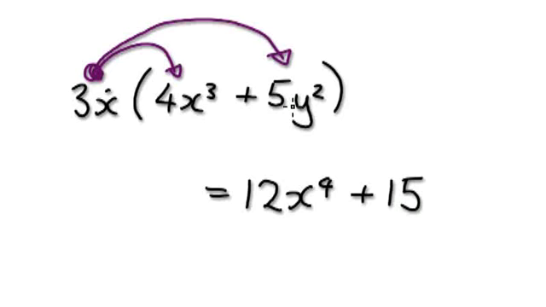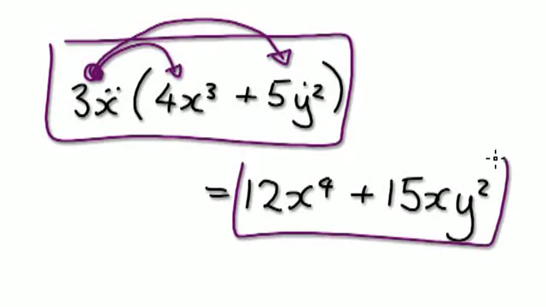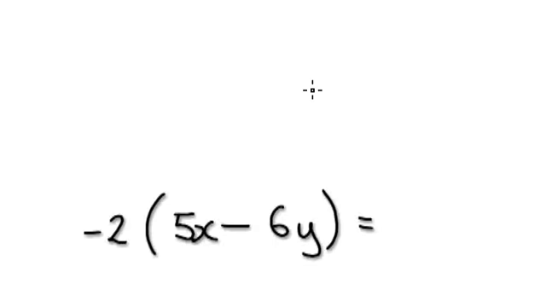The x times the x over here, there is no x on the right hand side, so that would just remain as x. And then the y times the y over here, but there's no y on the left hand side, so that will remain as y squared. So this whole thing is the same as this thing. Watch one of the earlier videos on indices, then multiplying out brackets will be really easy.